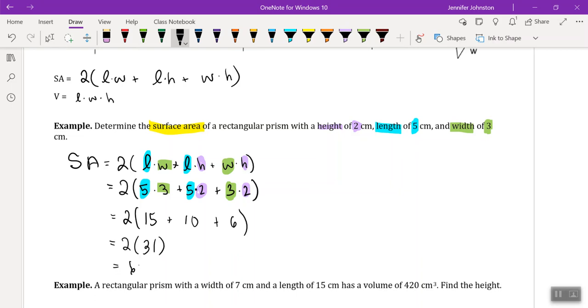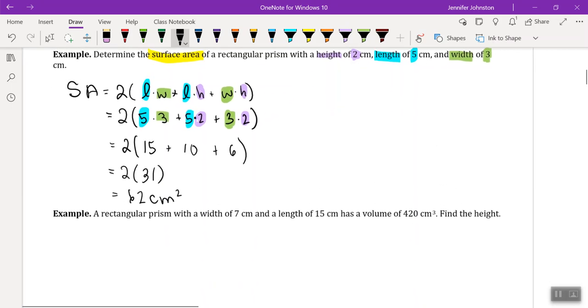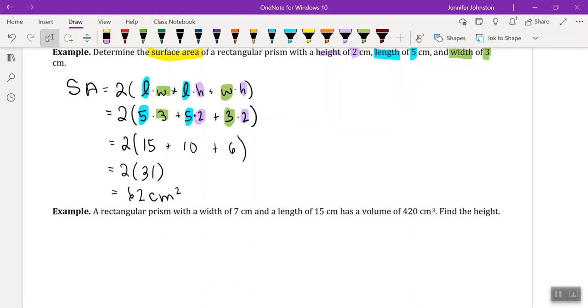That gives us 62. Is that it? No, not yet. We still need to add centimeters. And is it cubed or squared? Surface area. So this is going to be squared. Right?